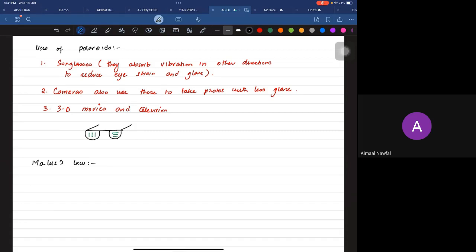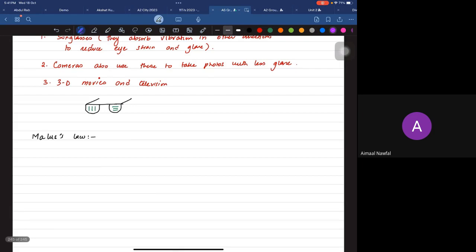Malus's law basically explains how much intensity is transmitted through a Polaroid. There's no definition for this, they're not going to ask that.